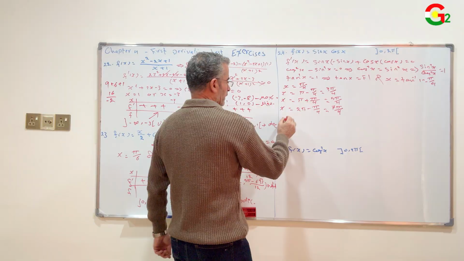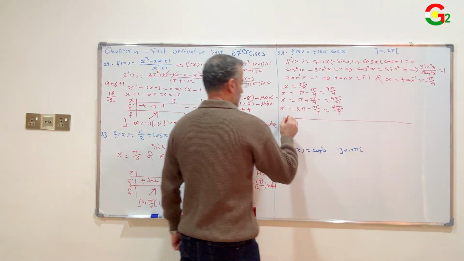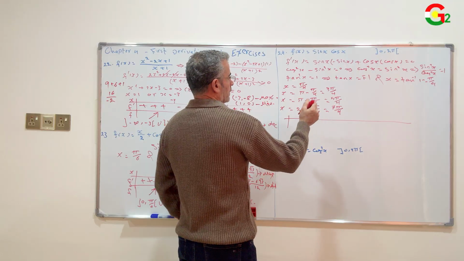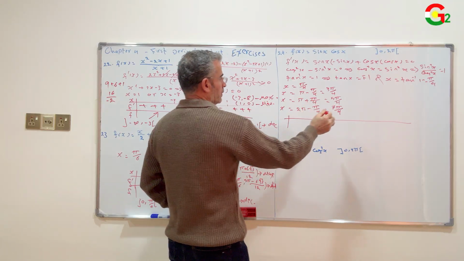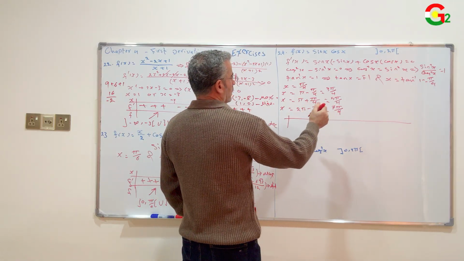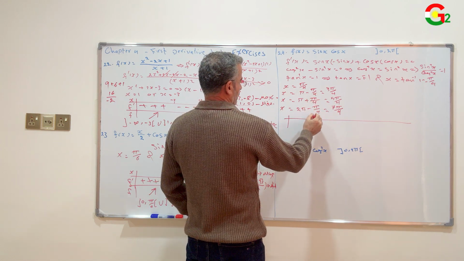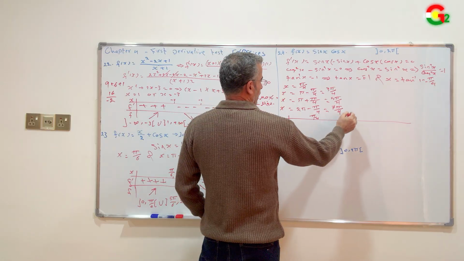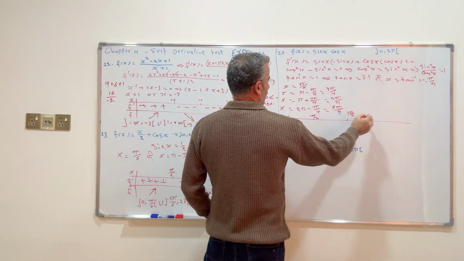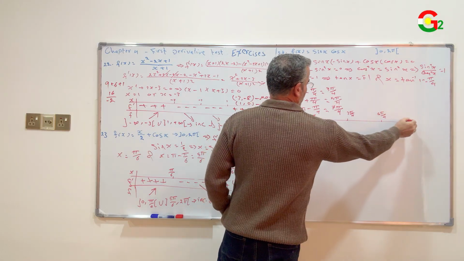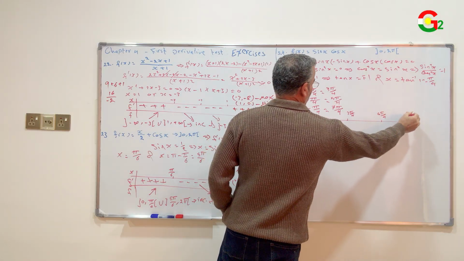Find the intervals of increasing and decreasing. Set the critical points on the number line, pi over 4, 3 pi over 4, 5 pi over 4, and 7 pi over 4.